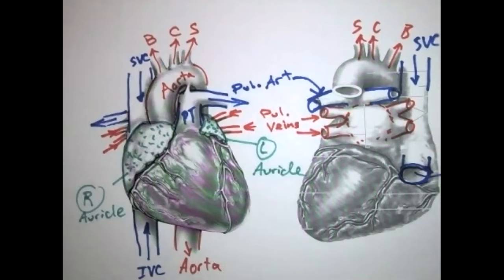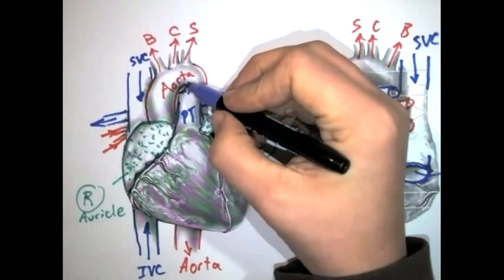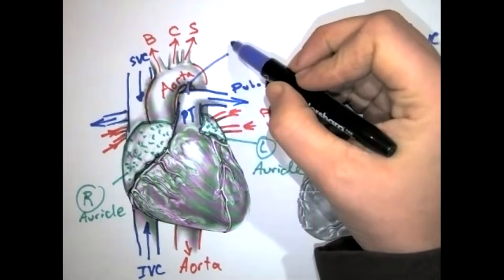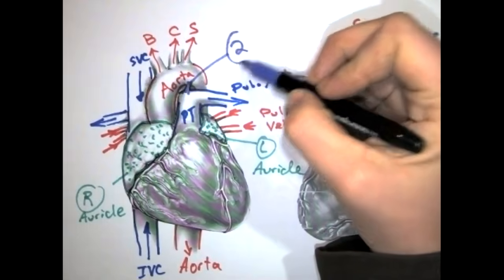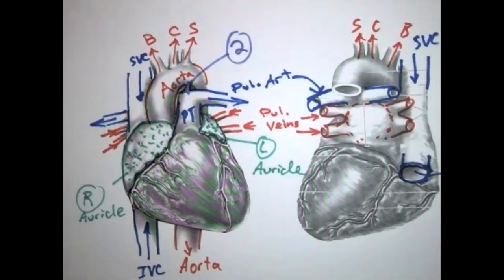The next thing I want to point out is something we just covered, and that is this guy right here. This is the ligamentum arteriosum, which on your list is number 2. Now on the posterior side, we have yet another vessel that I have mentioned before.